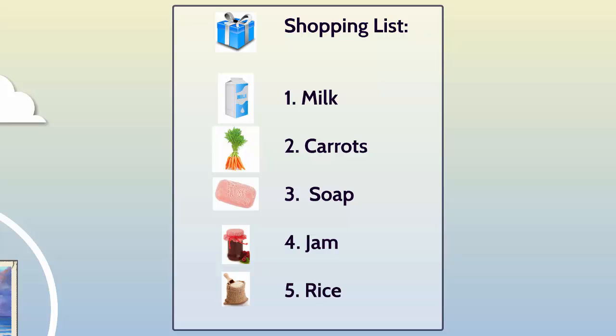Now you might have noticed that I'm basically using a scheme in making the associations. What I'm doing is I'm keeping the functionality of the object to be remembered. Let's say soap. So what's the functionality of soap? To clean the body. But replacing the object itself with the peg. So replacing soap with tree.